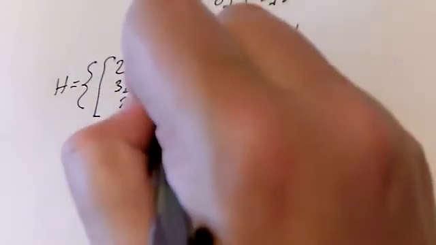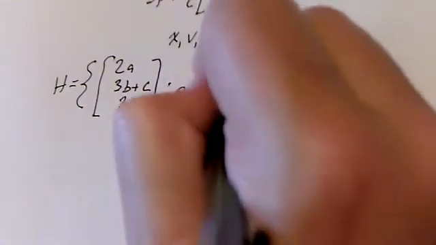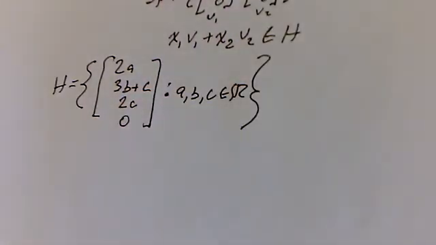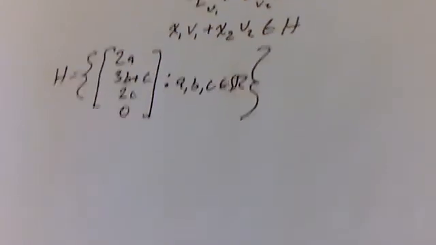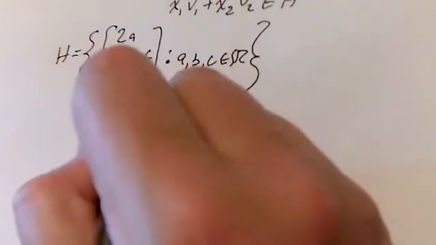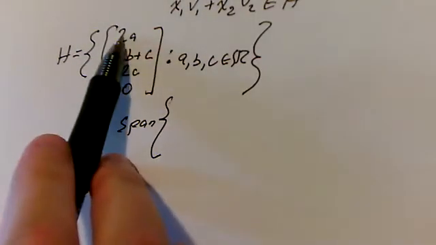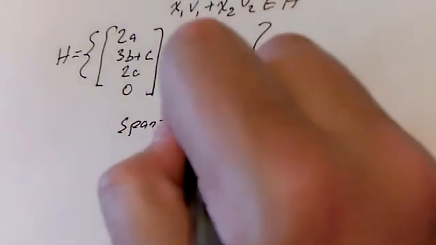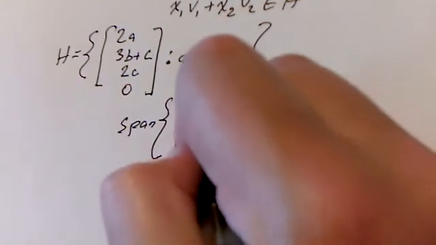Okay, let's look at another one here. A, B, and C are real numbers. I have 2A for the first coordinate, 3B plus C, 2C, and 0. Okay, so I'm looking for that spanning set. I've got 3 components, A, B, and C. My first one is going to cover vector A: 2, 0, 0, and 0.